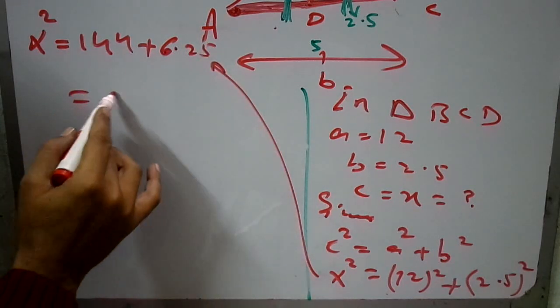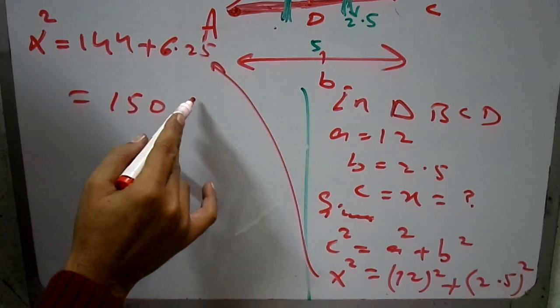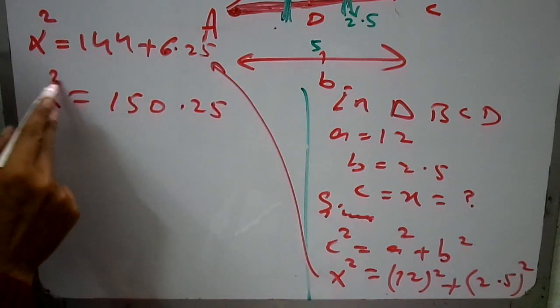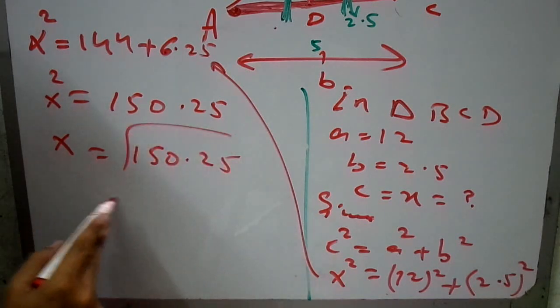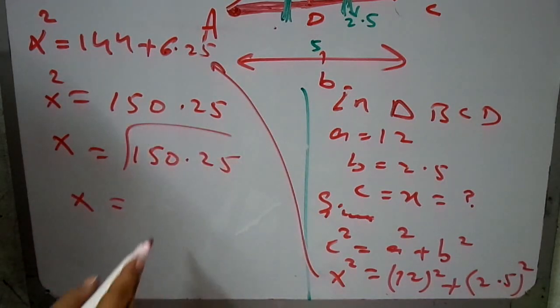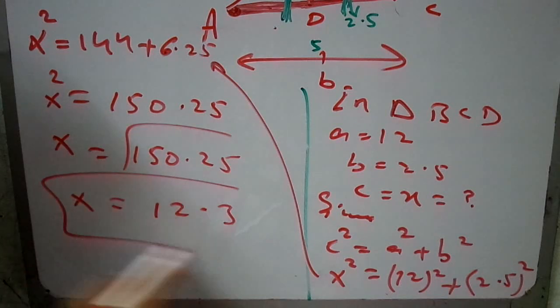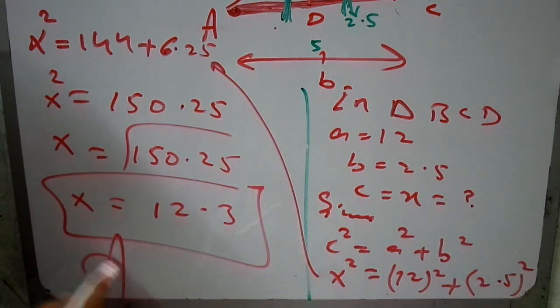After adding you will get 150.25, that is your x square, but you need the value of x, 150.25 under root, so the value of x is 12.3. So that is your result.